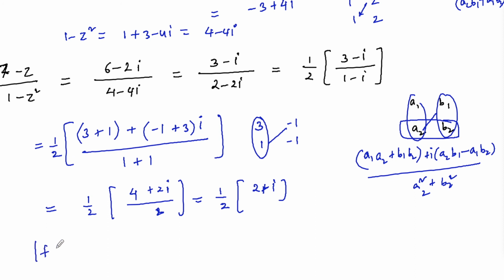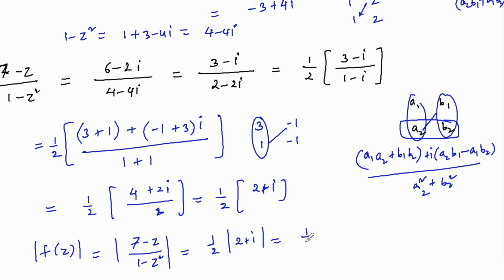And then mod of f of z is equal to mod of 7 minus z by 1 minus z square, that is half mod of 2 plus i, which is equal to half root over, since mod z is equal to square root of a square plus b square, so 2 square plus 1, which is equal to root 5 by 2.